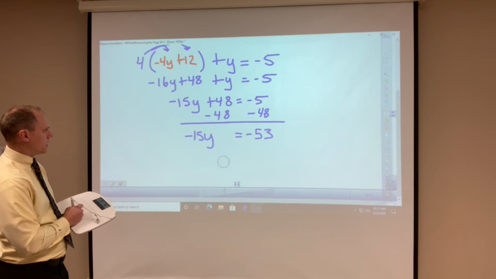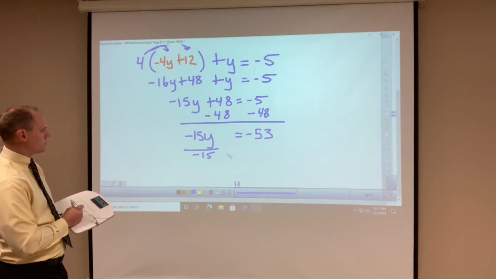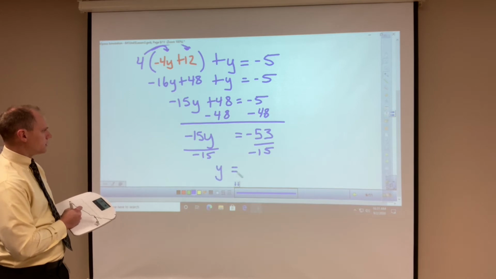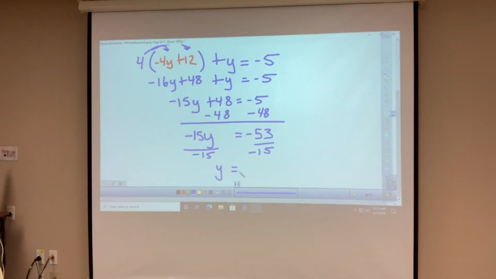And then we're going to divide both sides by negative 15. So that's going to give us y is equal to, let's see, negative 53 divided by negative 15 is 3.53, and the 53 is repeating.